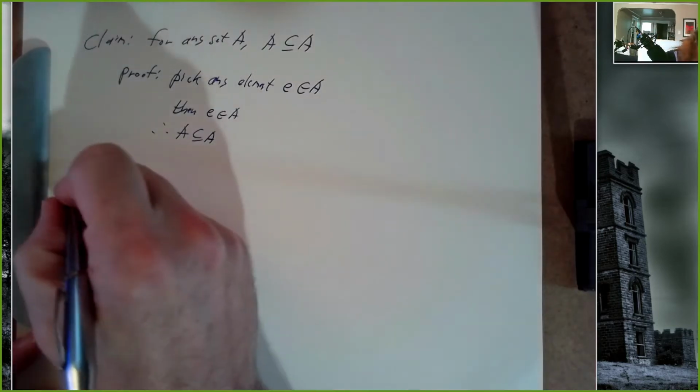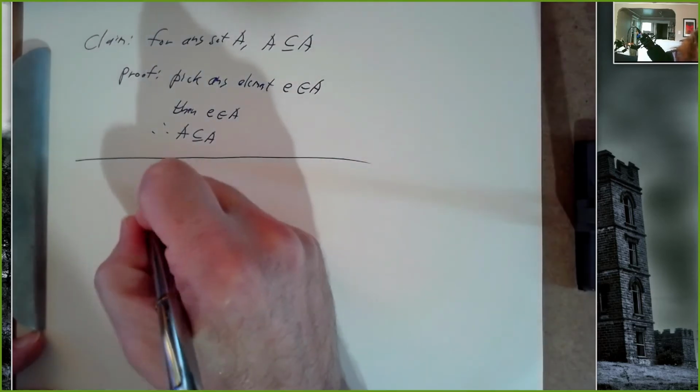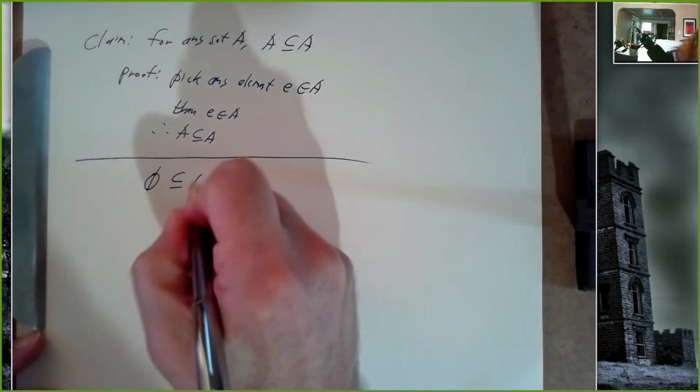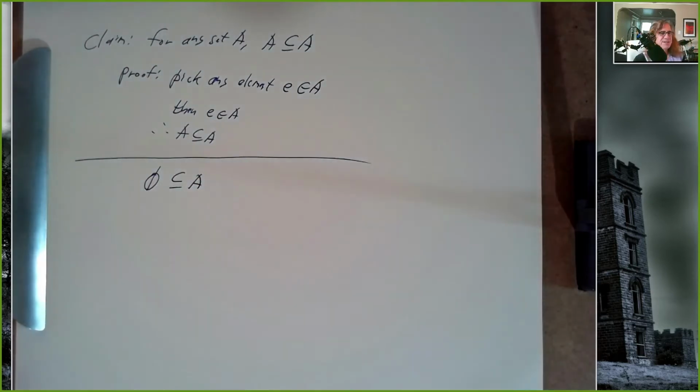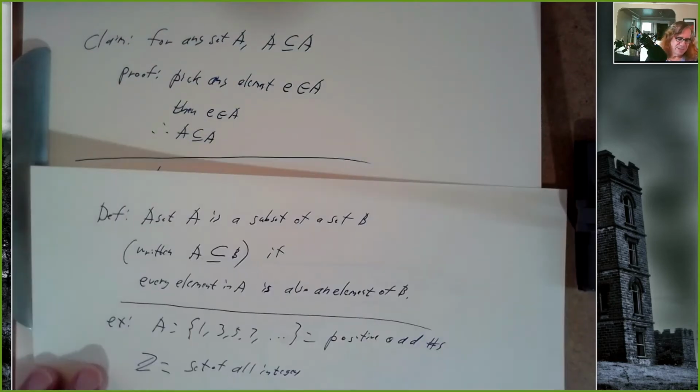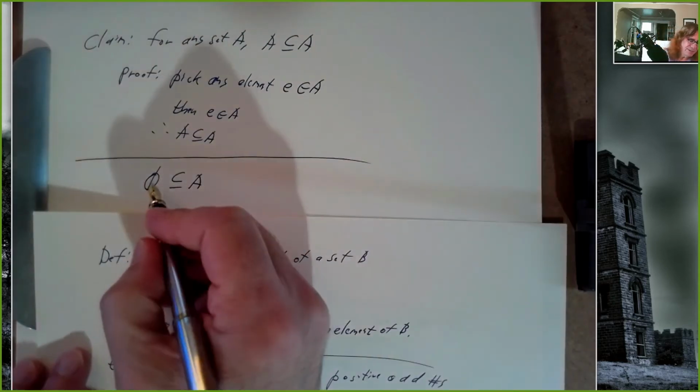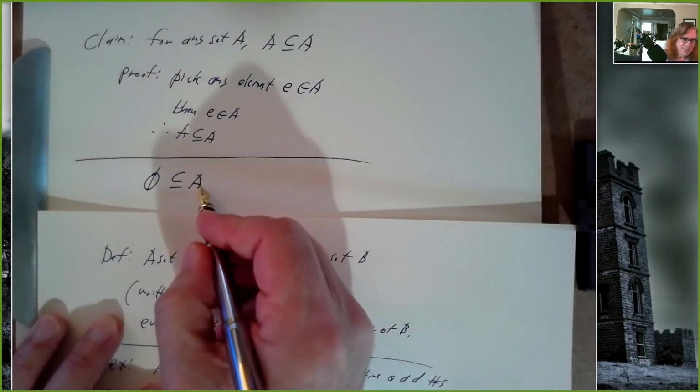That's always true. Another thing I can say is the empty set is always a subset of any set A. And that one's a little harder to get warm and fuzzy about, right? Because the claim is that every element in here must also be contained in there.